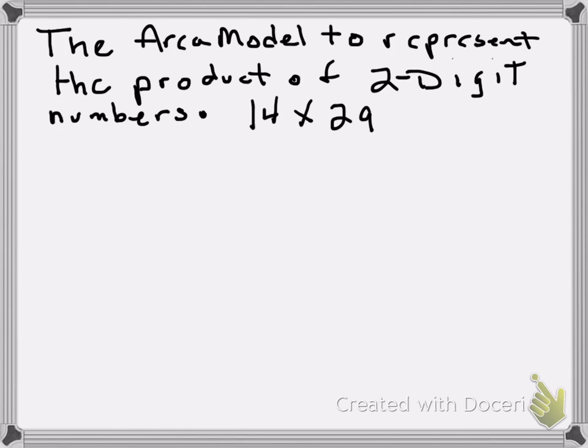All right, one of the things that we talked about during the course of Chapter 3 was the use of the area model to represent the product of a two-digit number. So I have the example of 14 times 14. So I'm going to go ahead and draw out an area model. And what I want you to do is think about the size of the rectangles within the larger rectangle.